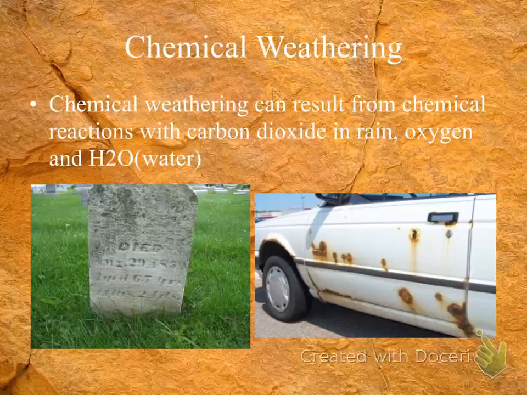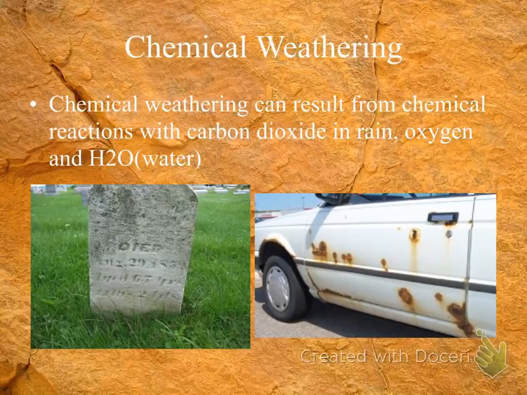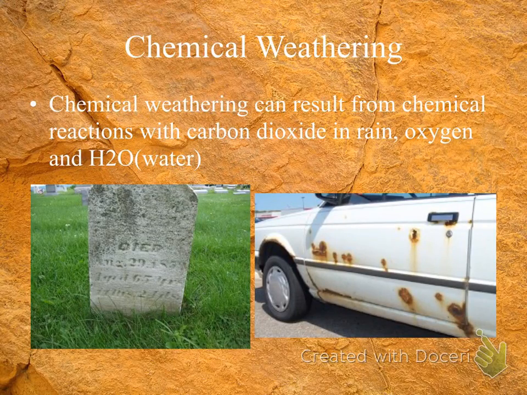So some examples of chemical weathering. It basically results from chemical reactions with carbon dioxide and rain. That's one example. Oxygen or just plain water.